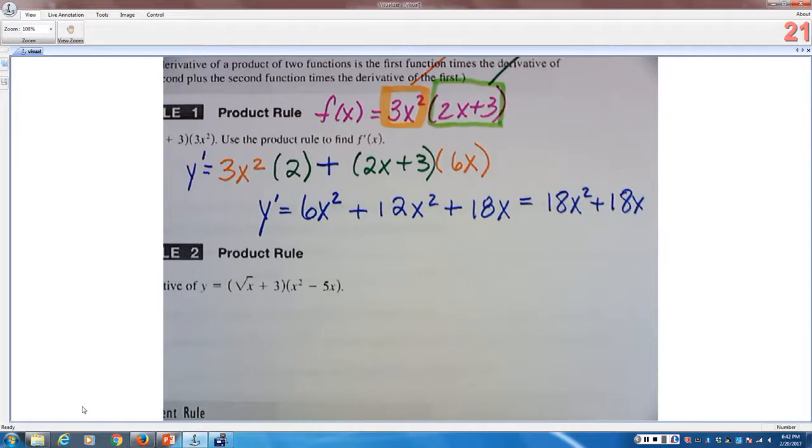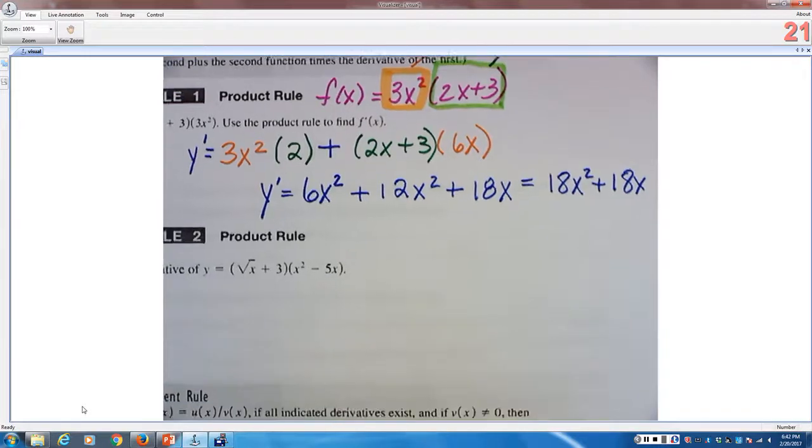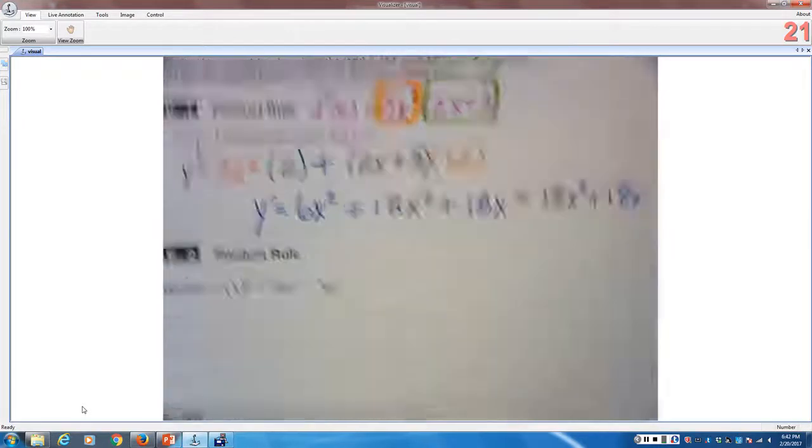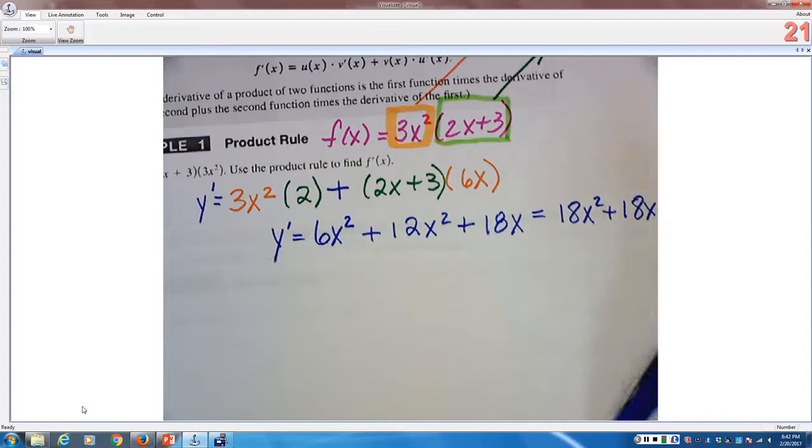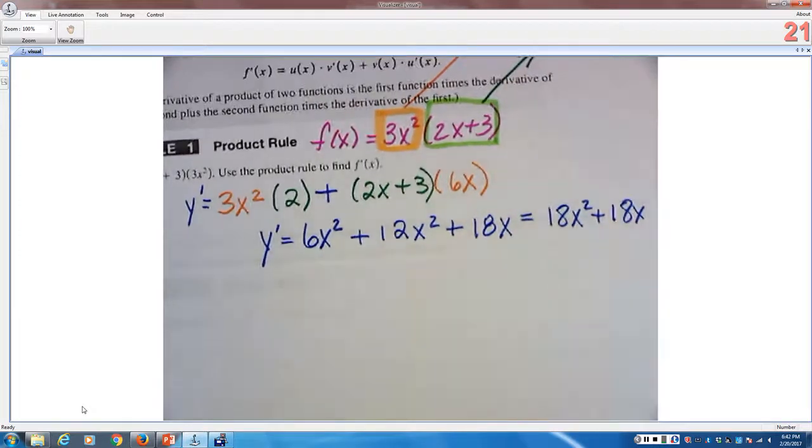Now, the best thing about the product rule is that unlike some of the other rules that we're going to have, you can actually check yourself by using one of the other rules.